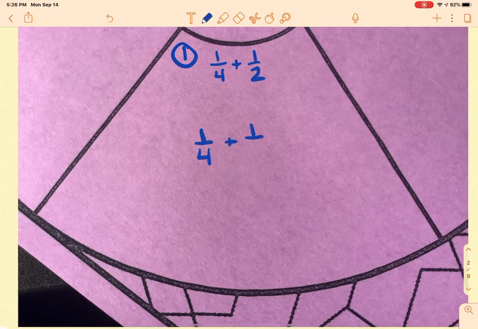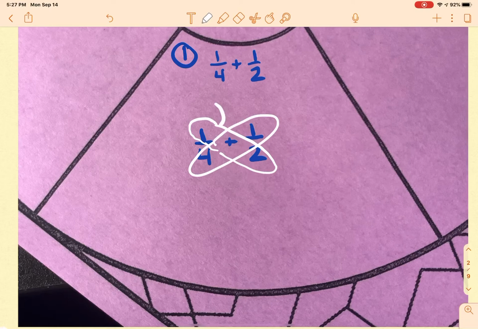Otherwise, I'm not going to be able to get that butterfly shape that I want. And I'm going to start out by making that butterfly shape. I'm going to just move that over just a tad so you can see it.